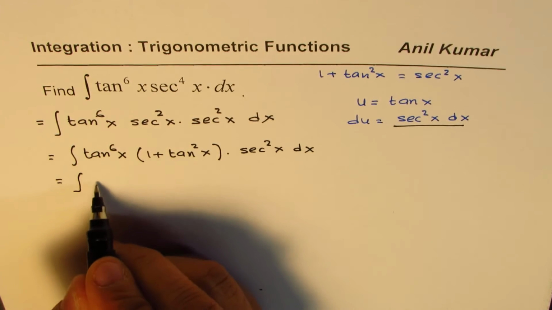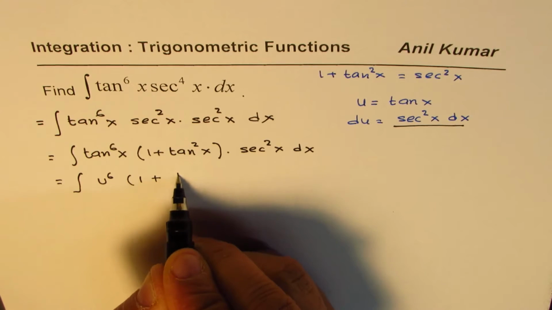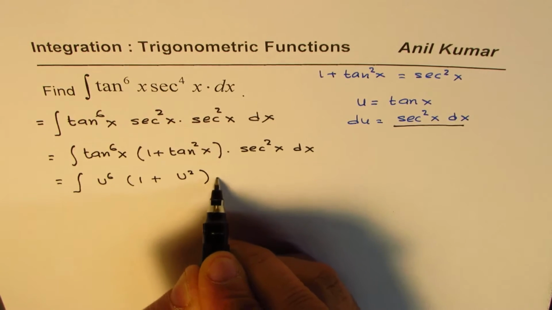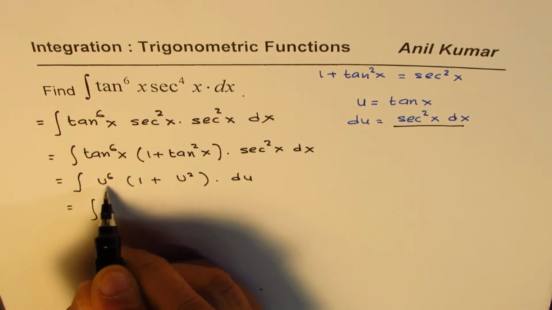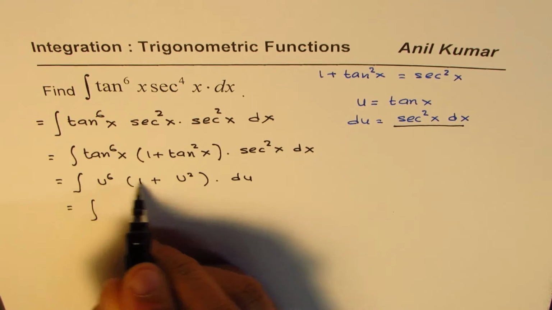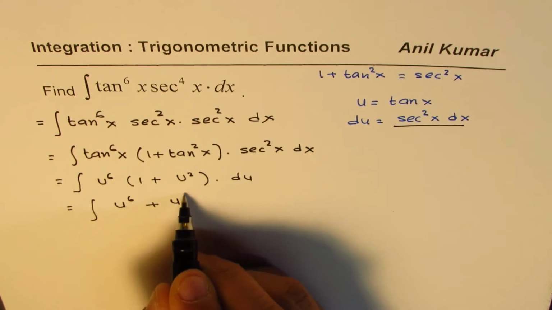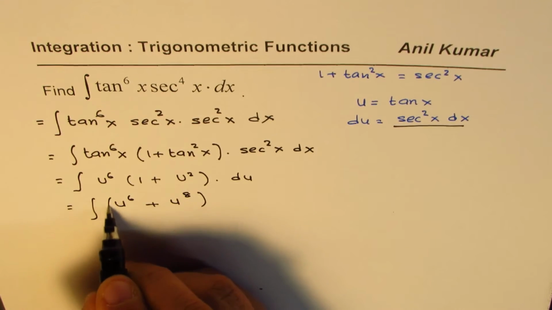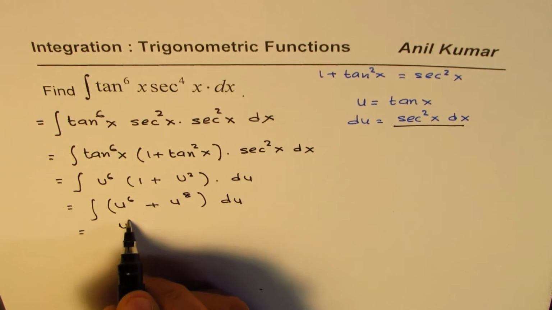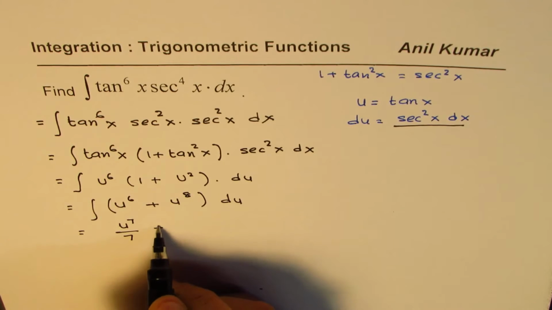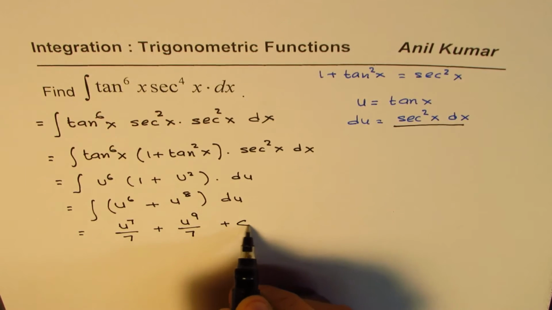Perfect. Now it's time to substitute. u is tan x, so we'll write u to the power of 6, times 1 plus u square, du. Open the bracket. It's like a polynomial. So it's u to the power of 6 plus u to the power of 8 du, whose integral is u to the power of 7 over 7 plus u to the power of 9 over 9 plus c.